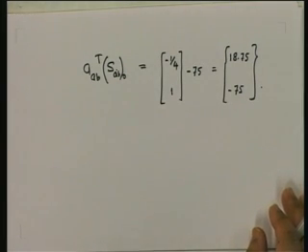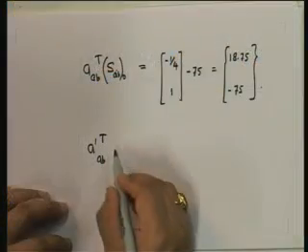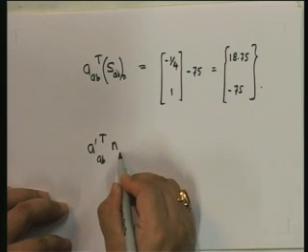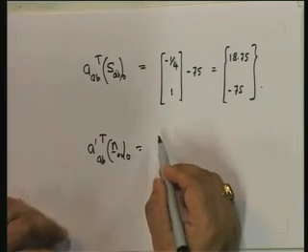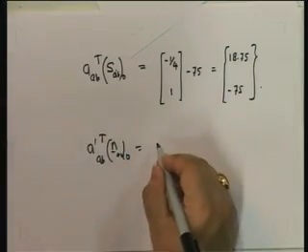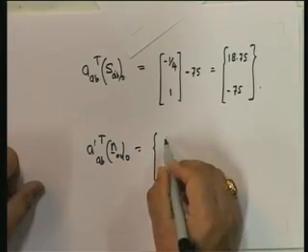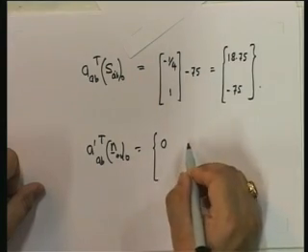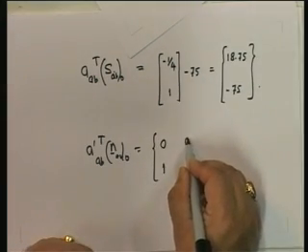And the other one that we have is the work done by the AI. This is going to be AAB transpose into NAB 0. What was AAB? We had computed it earlier; you remember, that was 0, 1. So this is 0, 0, 1, and then 0, 0.